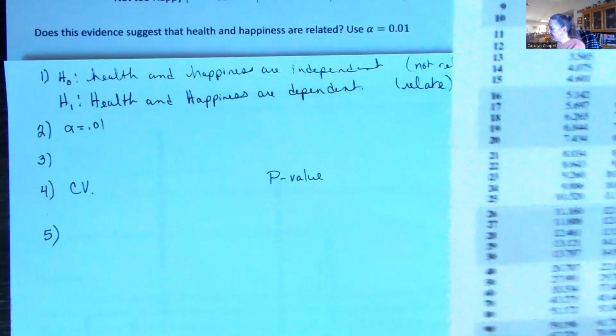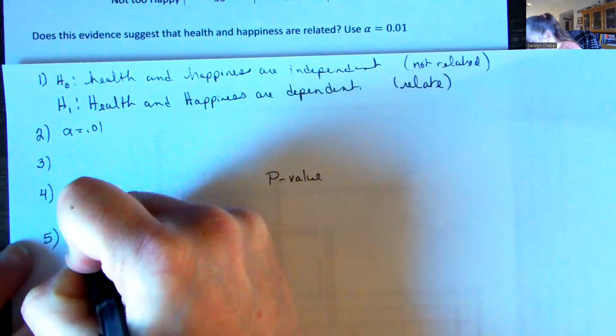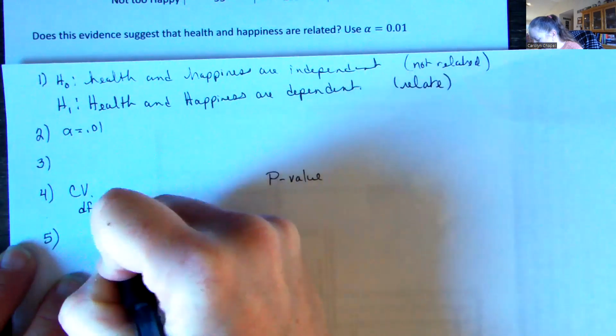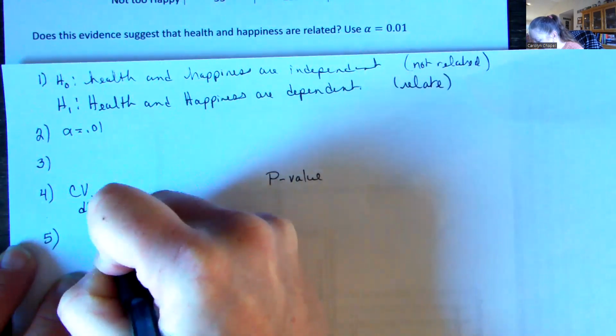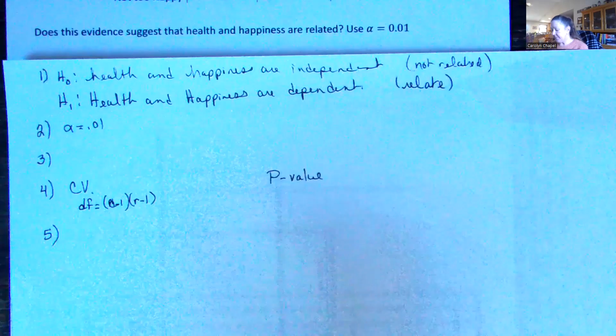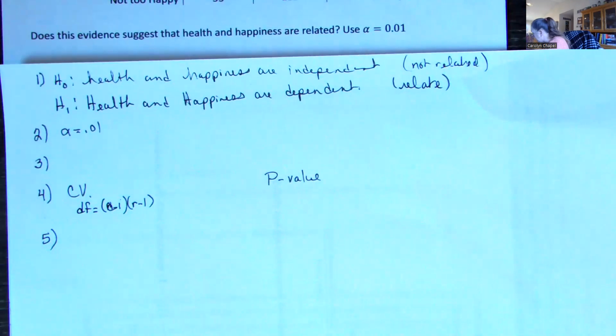Now, again, we are using the chi-squared. And I did go very quickly over the degrees of freedom on the previous sheet. But the degrees of freedom is going to be our C minus 1 times our R minus 1, C being columns and R being the number of rows that we have.